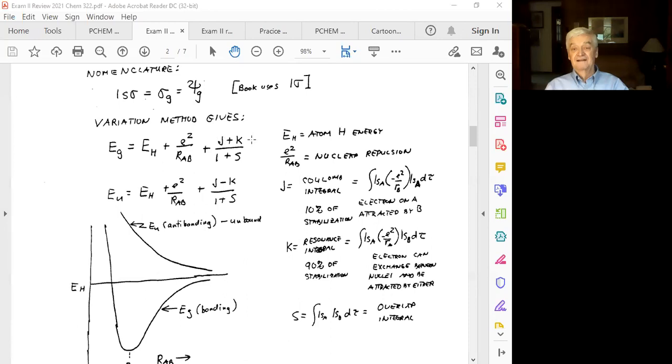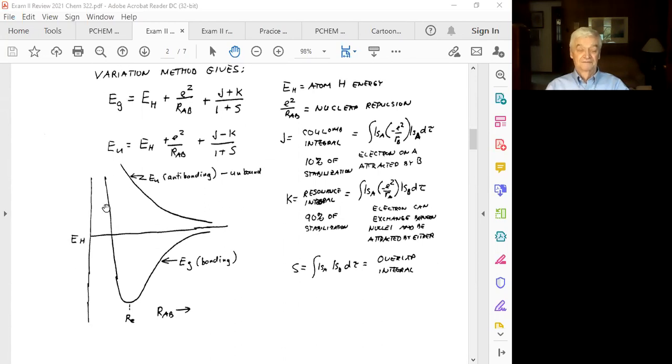J and K are complicated integrals. They're both negative, and so they take the energy of the molecular orbital lower, which is good. We want to get the lowest energy possible. The plus e squared over R_AB is a repulsive term. So we would like to keep the R at a reasonable value, not make it small where the potential energy goes up to infinity.